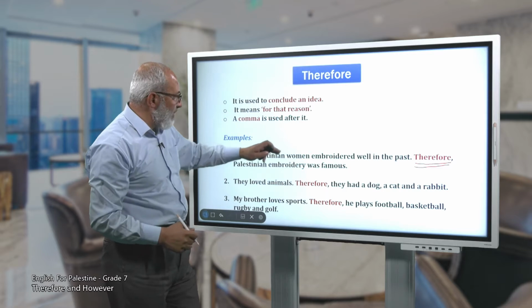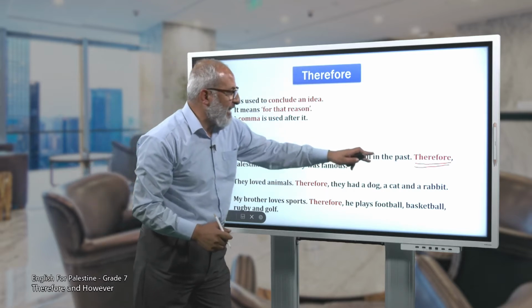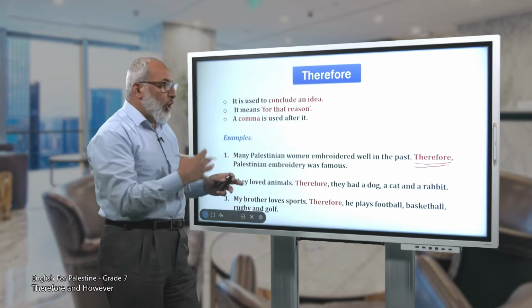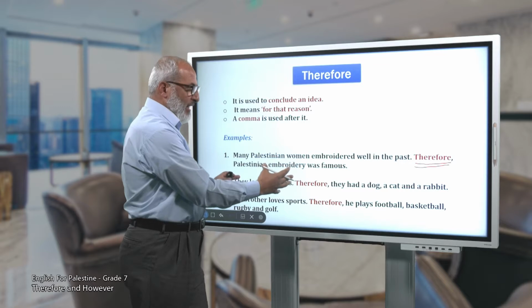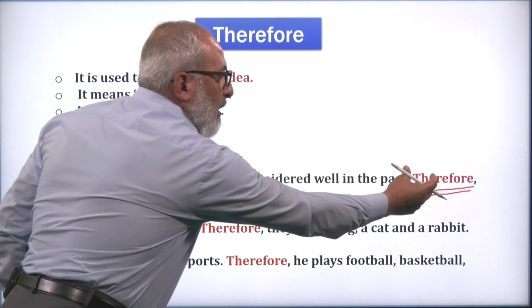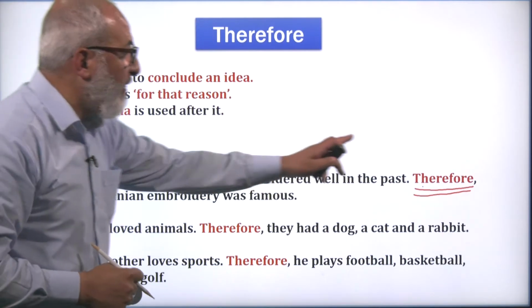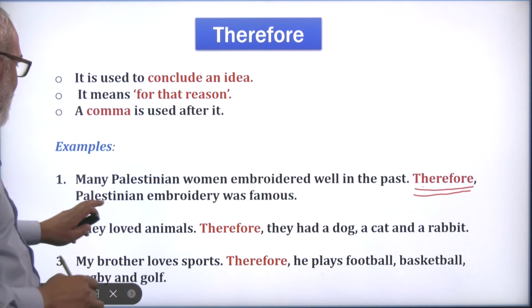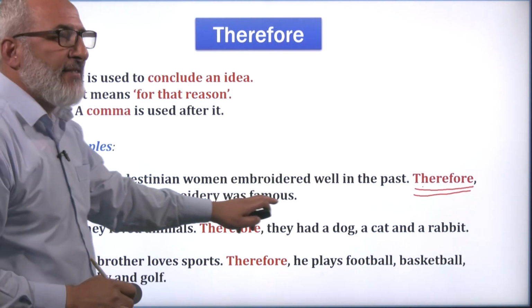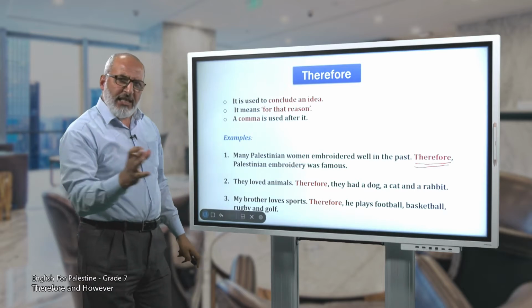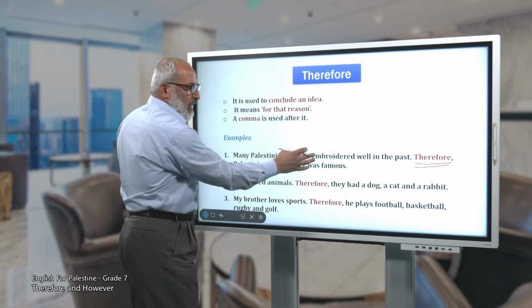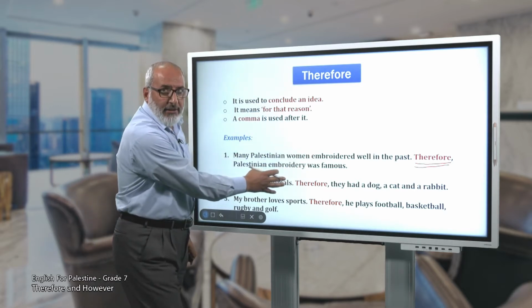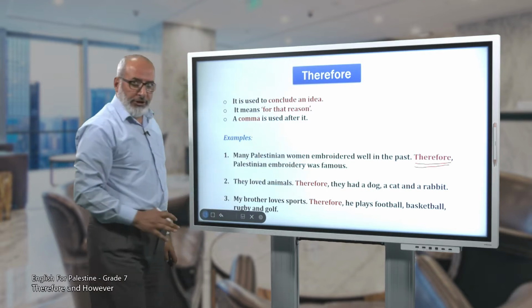Many Palestinian women embroidered well in the past. This is an idea. To conclude this idea, we use therefore. So, therefore, followed by a comma, Palestinian embroidery was famous. It's like a reason and a result, or reason and conclusion.